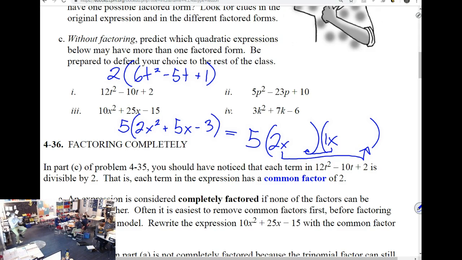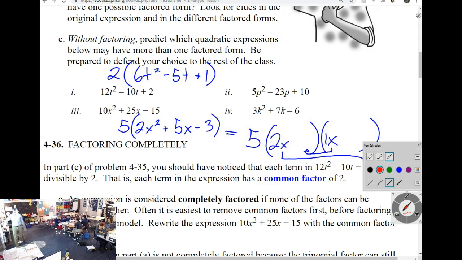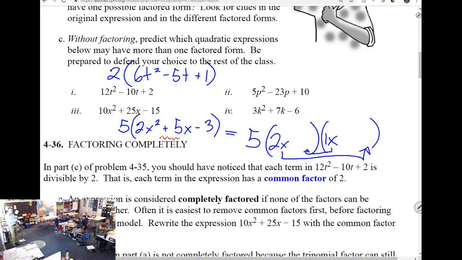We have an argument, right? A positive and a negative, they're going to fight against each other. One of these is positive, one of these is negative. Which needs to be stronger? The positive needs to be stronger. When we add the outer and the inner, the positive has to be stronger. Okay.